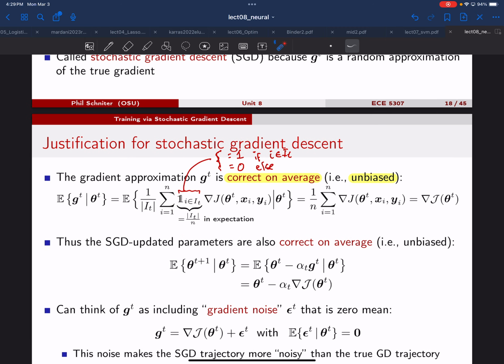That size of the subset is going to cancel this, and basically give us 1 over n times the sum. And you can recognize this as our original gradient expression. So we're showing here that the average value of our approximate gradient is the true gradient. So it's correct on average, unbiased.